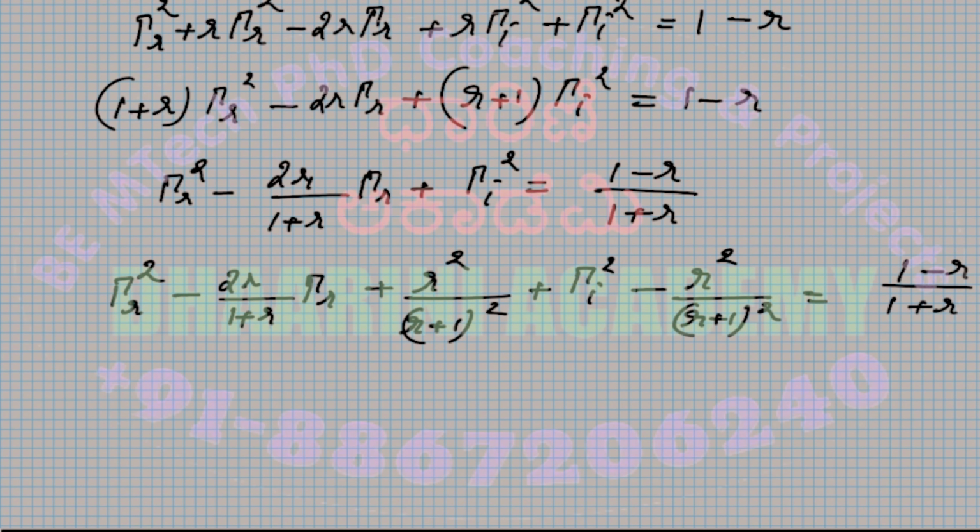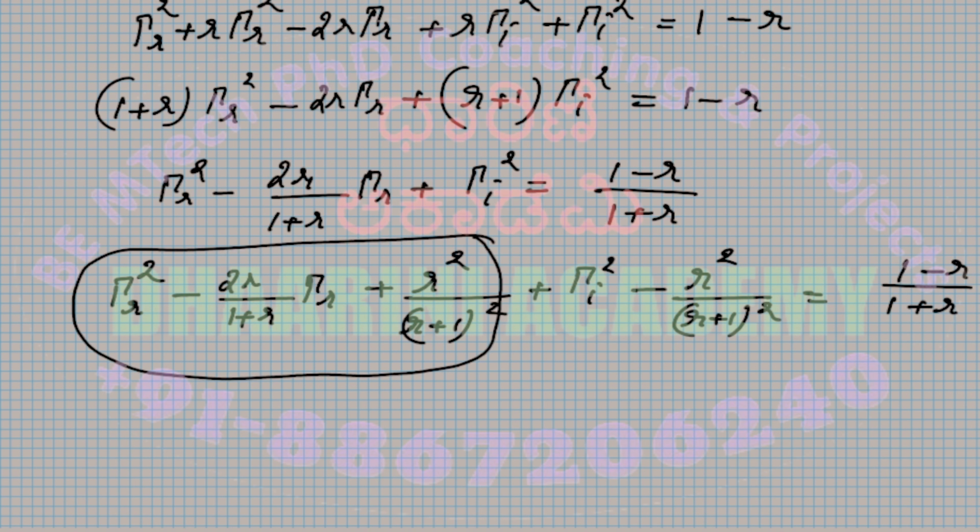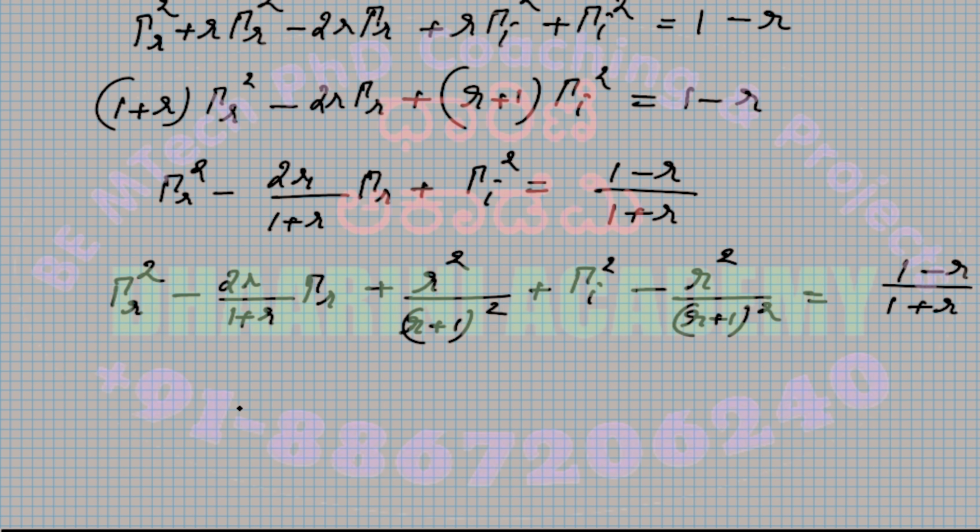So on the left hand side, you see this whole part is going to generate a perfect square. a square minus 2ab plus b square, I can write it as (a minus b) whole square. What is a? a is gamma r. Gamma r minus, see, this is r by (r plus 1) the whole square.